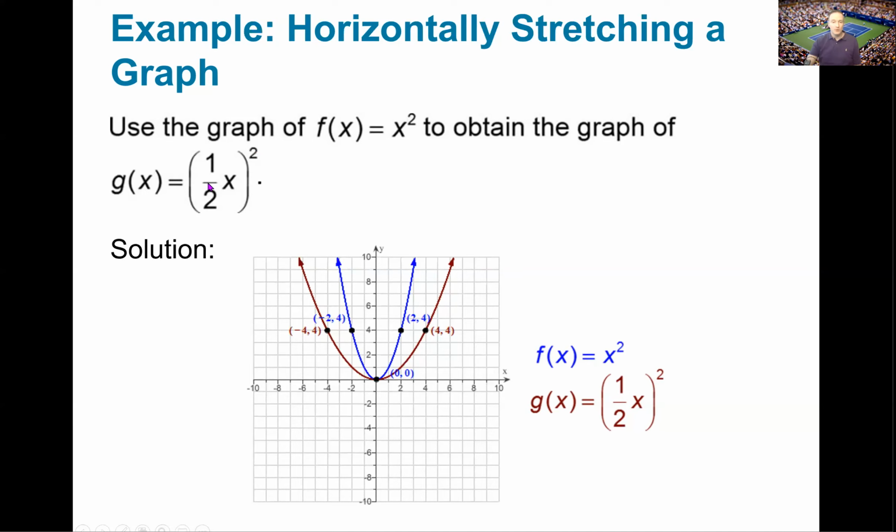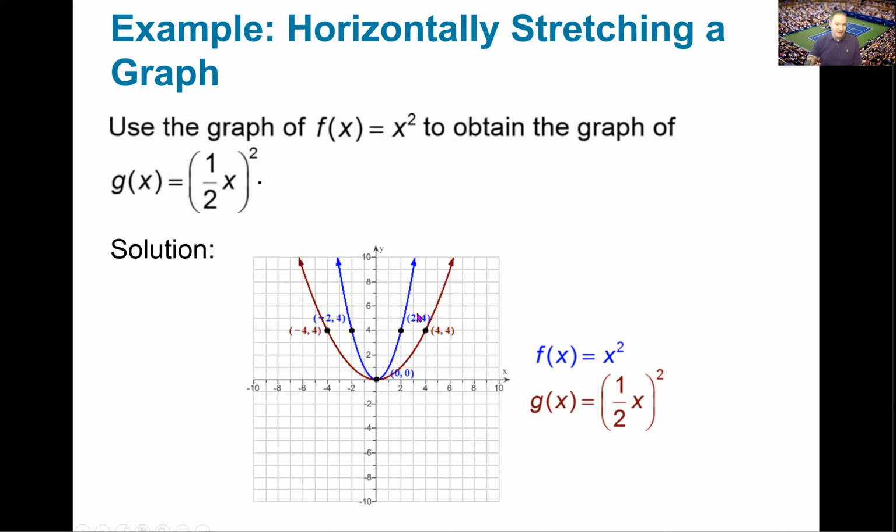How would I get to that 1/2 x? You're going to take each of your x values in your problem and divide them by 1/2. Dividing by 1/2 is the same thing as multiplying by 2. Absolutely. So you're horizontally stretching this by a factor of 2.